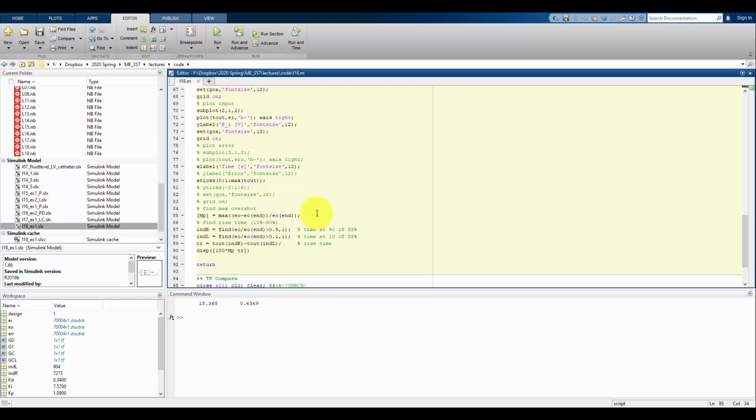So in lines 87 and 88, I find the first time that I surpass 10%, that's at line 88, and the first time that I surpass 90% of the steady state value. And then in 89, I find the time between them, and that's how I'm going to numerically calculate my rise time. So I'll run my design through the simulation and see the results now.